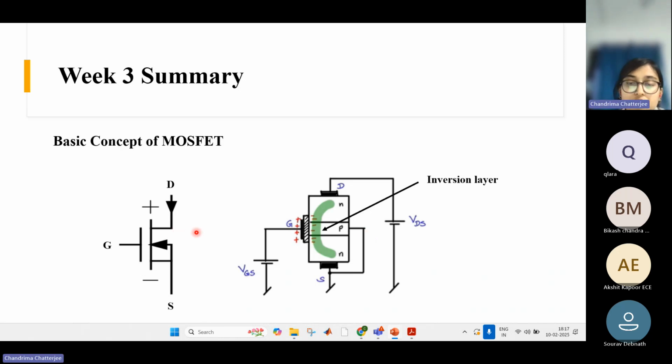If you see the physical structure of a MOSFET, this is the symbol, obviously, with drain, source, and gate. Physically, as I said earlier, there is an insulating layer, and over this insulating layer there is a metallic part from which we can access the gate terminal.